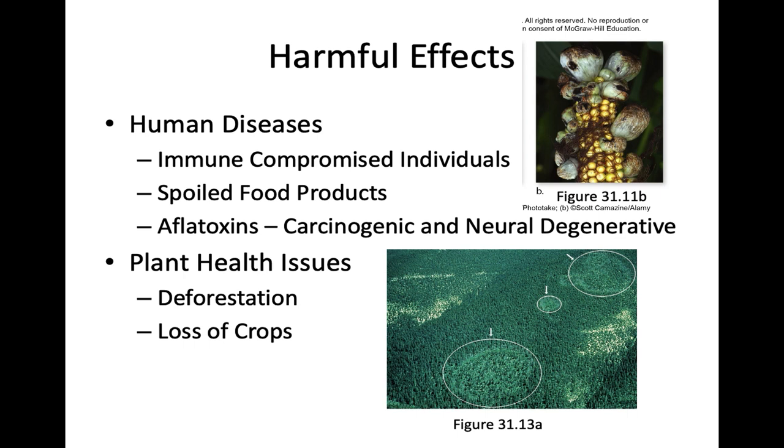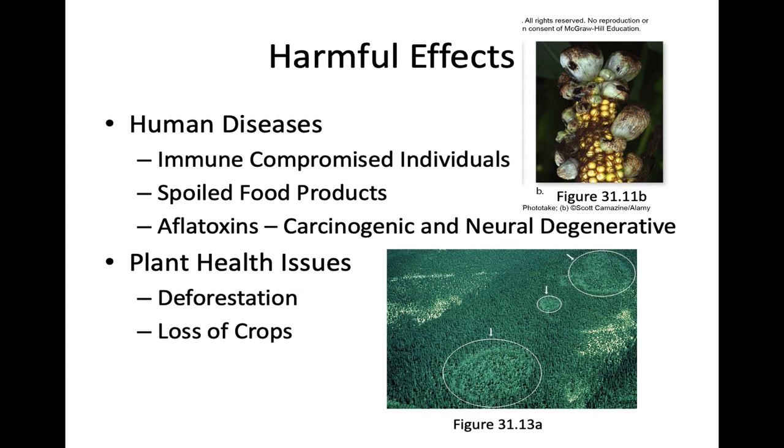One example of a fungus that infects crops is ergot. This can infect grain stores, and this fungus produces alkaloid chemicals that may have hallucinogenic effects. And the consumption of these infected grains in New England is thought to be one of the causes that the witches were burned at the stake in the Salem witch trials.